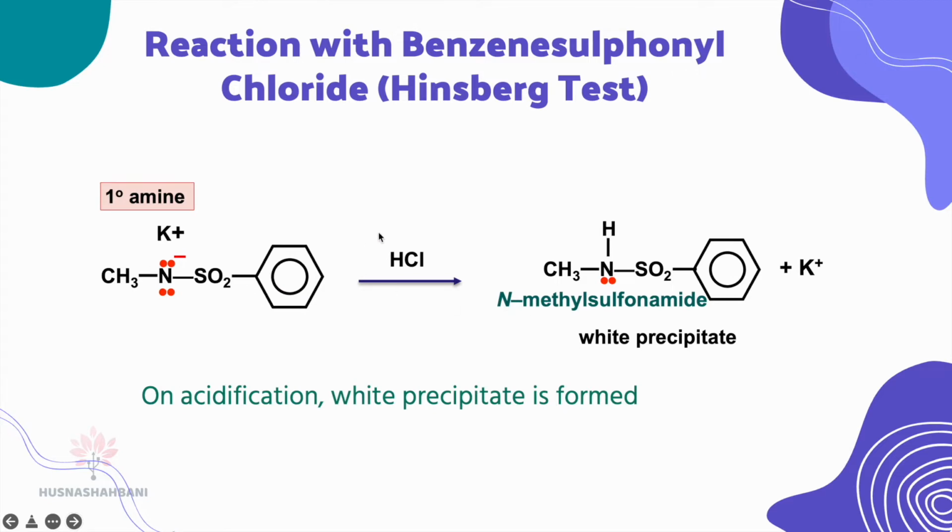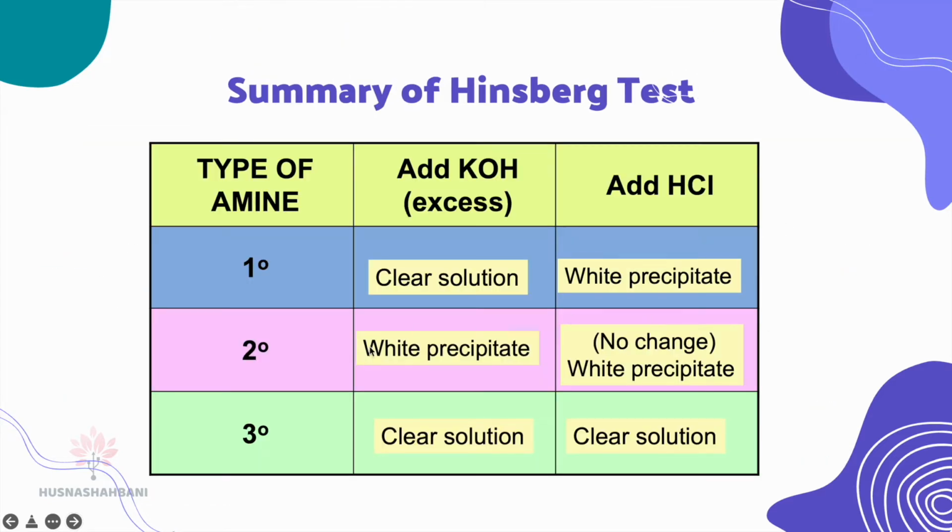After addition of HCl, white precipitate. That's for primary. For secondary, after addition of KOH and HCl, the white precipitate remain unchanged. For tertiary, clear solution after addition of KOH in excess, clear solution after addition of HCl. That's for tertiary amine.